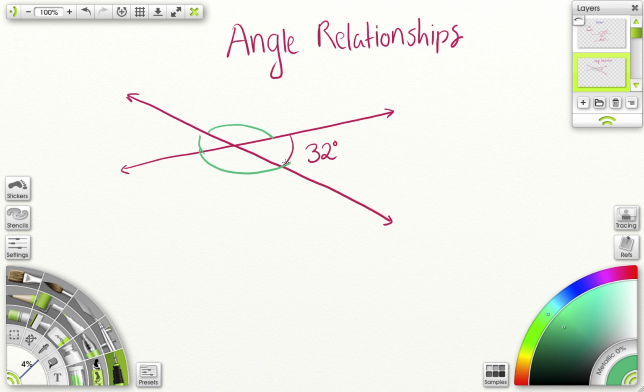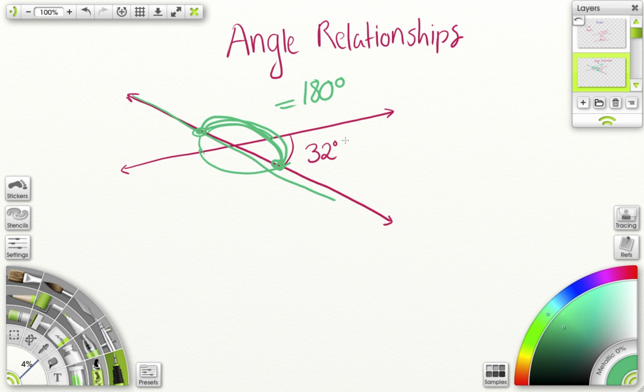But this is where our knowledge of complementary and supplementary angles will come in. This right here is a straight line. So that means this entire angle here has to be 180. So this angle from here to here equals 180 degrees.